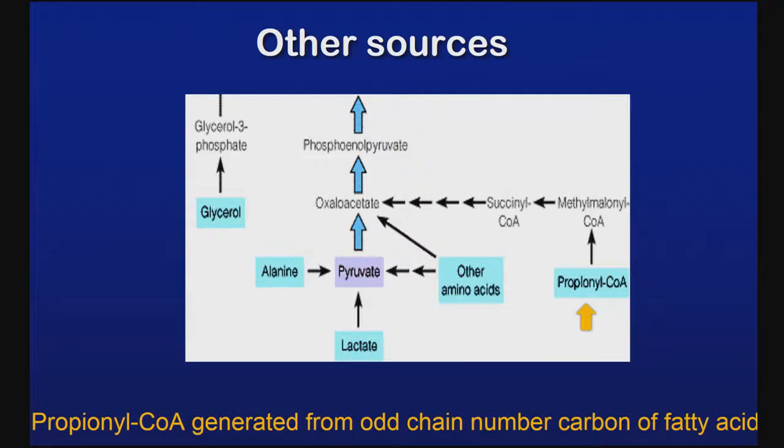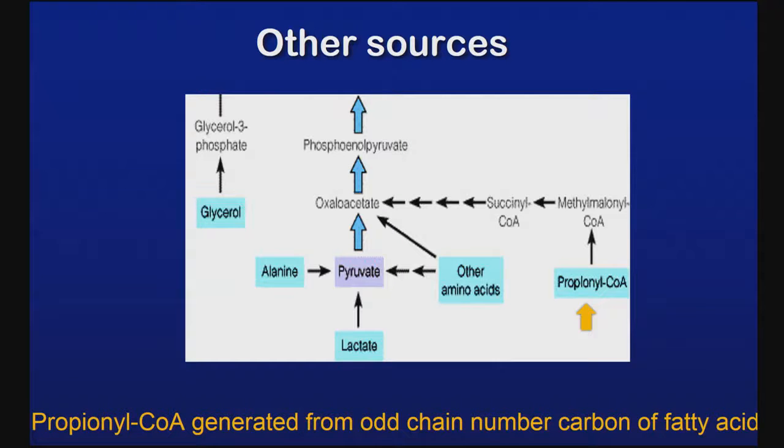But here is where fat contributes to gluconeogenesis. Sometimes you have an odd chain carbon number fatty acid, those with an odd number of carbons. Everybody following that? We're going to talk about fat breakdown maybe next week.